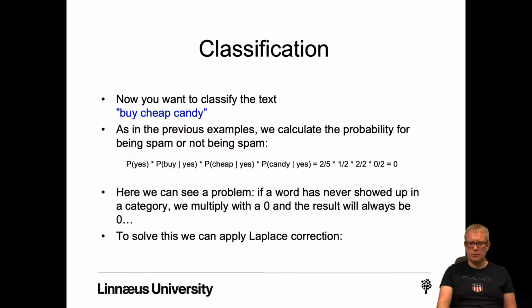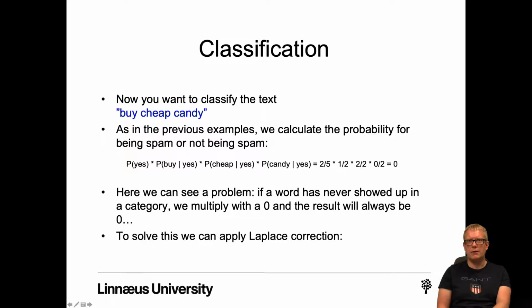So next we want to do some classification. So we want to classify the text "cheap candy" and know if this is a spam or a non-spam message. As in the previous example, we calculate the probability for being spam or not being spam. So if we try the yes, spam message, we take the probability of yes, multiply the probability of buy given yes, probability of cheap given yes, multiply by probability of candy given yes.